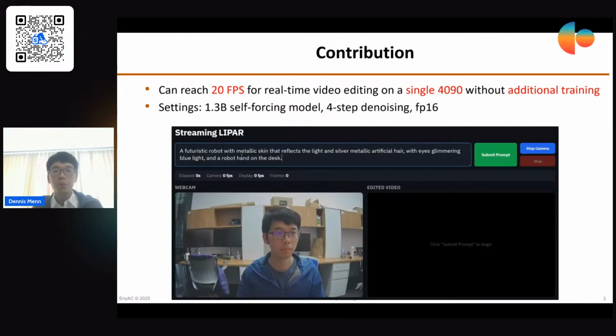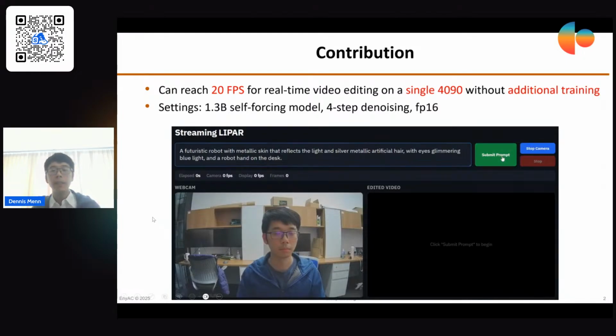The main contribution of our project is that we can reach 20 FPS for real-time video editing on a single 4090 GPU without additional training. Our settings are a 1.3B Self-Forcing model, 4-step denoising, and FP16 as data type.